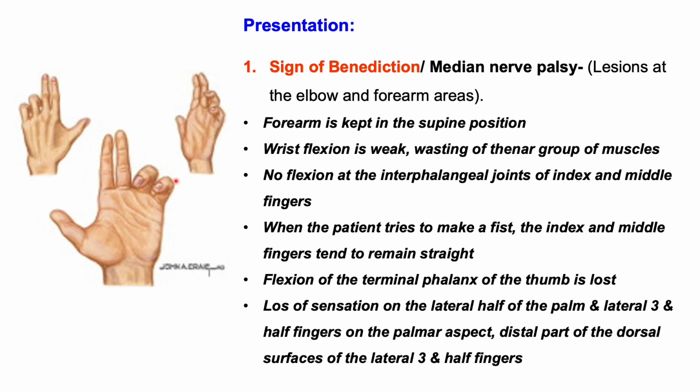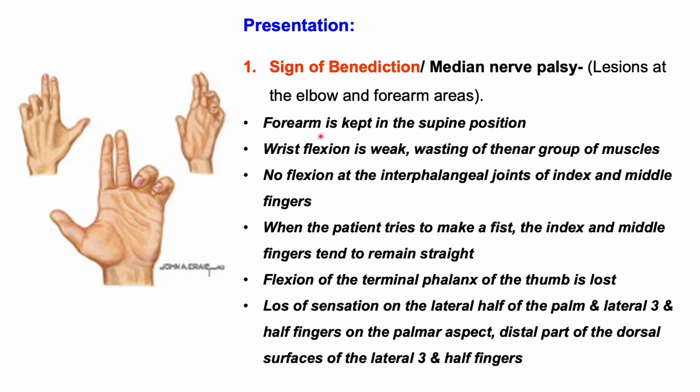So if the median nerve lesion is seen at the elbow region and also in the forearm areas, which can be due to supracondylar fracture, or it can be due to pronator syndrome. Okay, so the forearm is kept in the supine position.